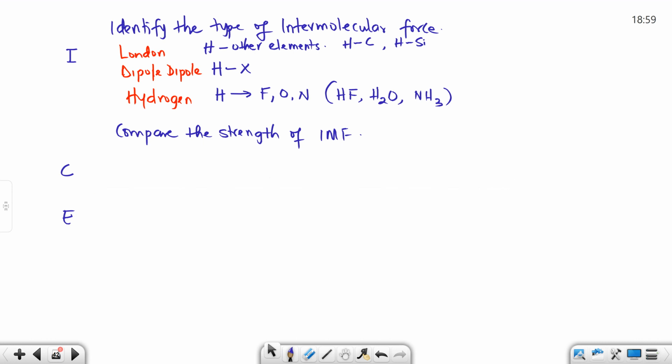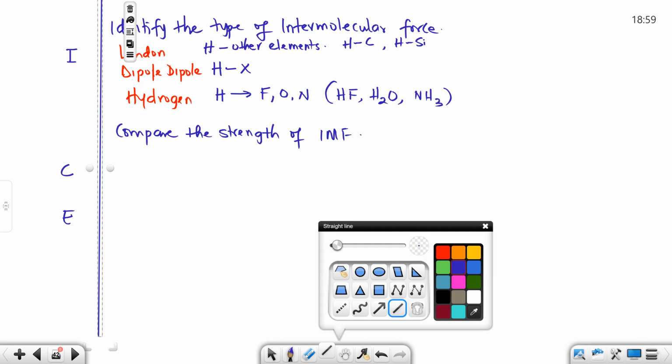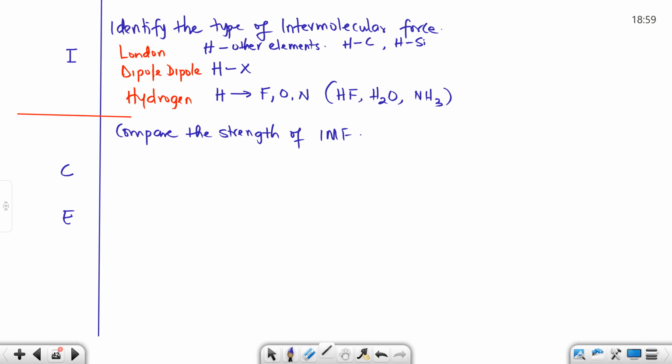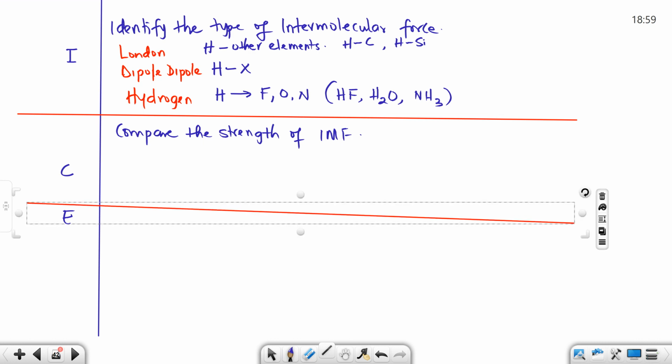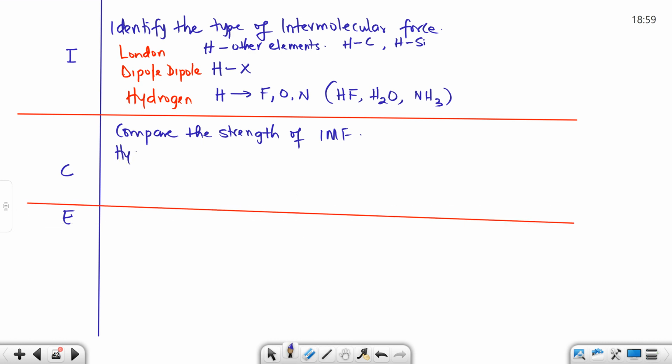Which one is stronger? Hydrogen is stronger, right? Hydrogen bond is the strongest. So identify, compare. So hydrogen bond is the strongest. London is the weakest.